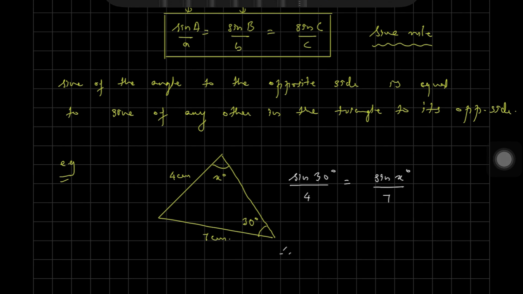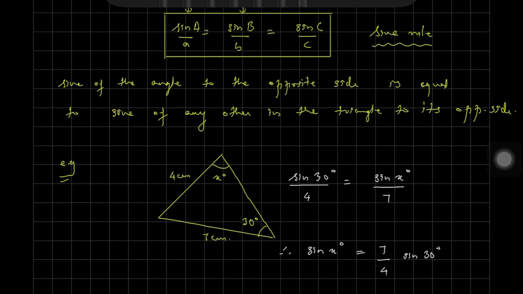I'd like to make sine x the subject. Therefore, sine of x degrees would be equal to 7 upon 4 times sine of 30.